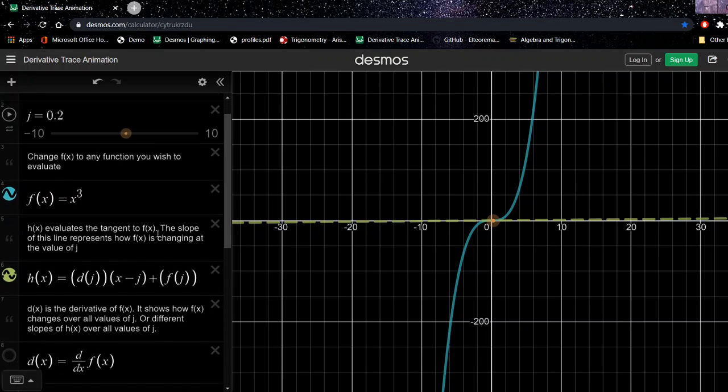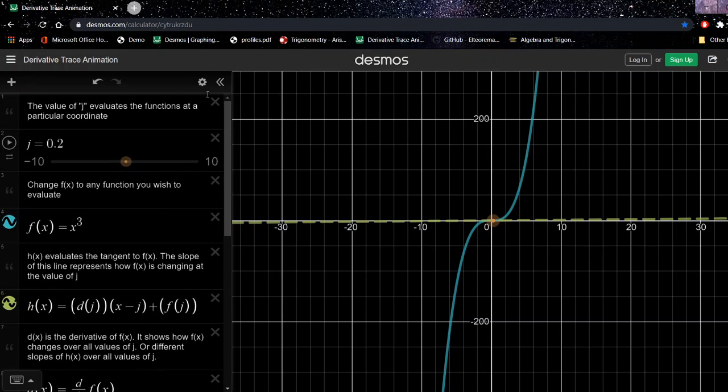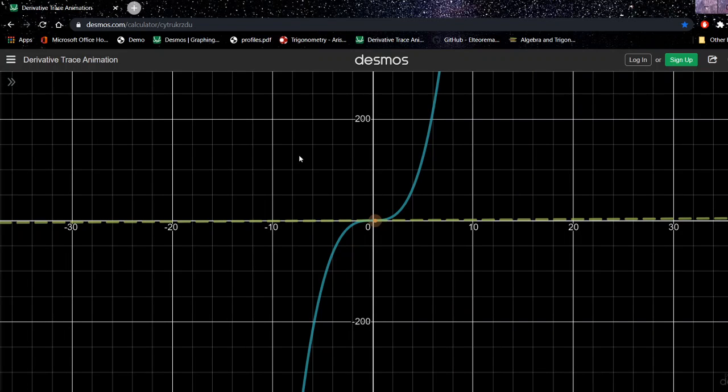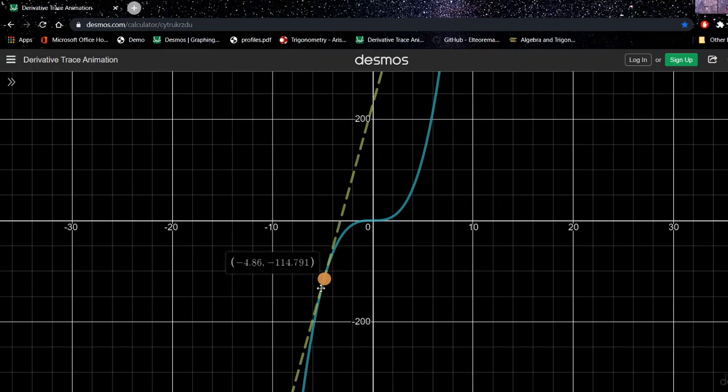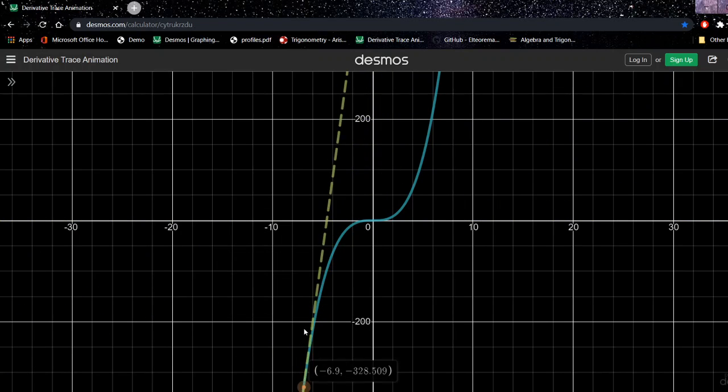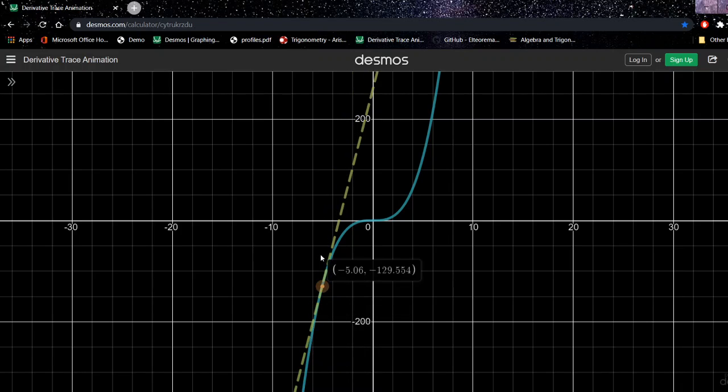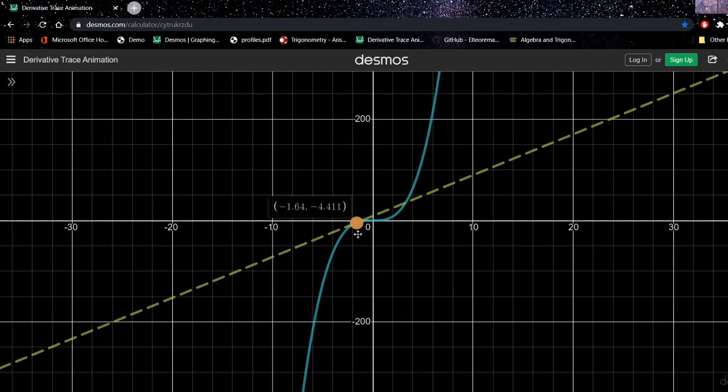I told you the derivative is found by finding the slope of the tangent. Do you see the green line? The green line is a tangent. As I move this point, you can see that the tangent moves.